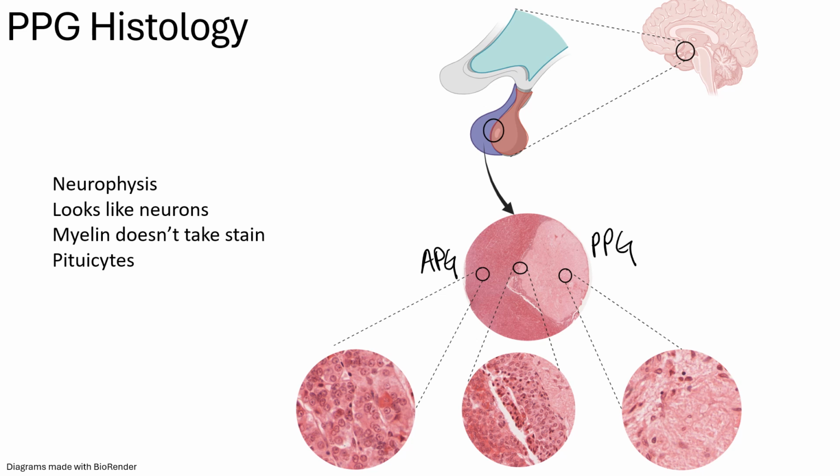In the posterior pituitary gland, there are these little tiny purple dots, and those represent the nuclei of surrounding neuroglia. The neurons themselves, though, are called pituocytes, and the name pituocyte is specific to the posterior pituitary gland. It's this neuron composition that also gives the posterior pituitary gland the nickname of the neurophysis.